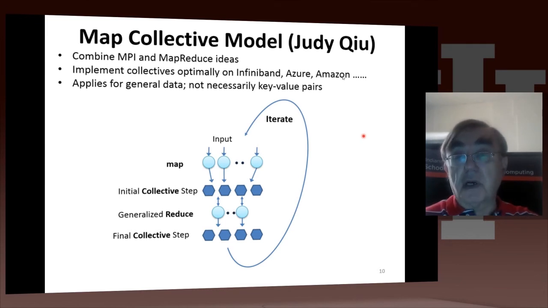If you go to Azure or Amazon commercial public clouds, you will find that you get different networks which tend to be lower performance, which is typically bad for MPI style communications, but applies okay to collective operations, which are less sensitive to latency. And these more general ideas of map collective apply to general data, not just key value pairs.